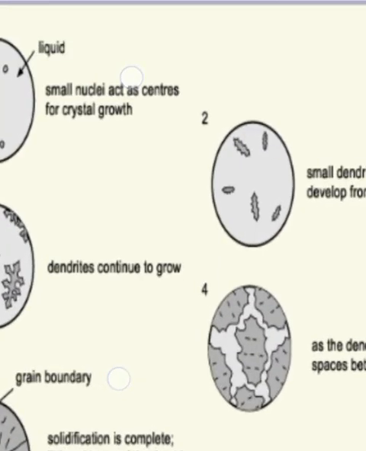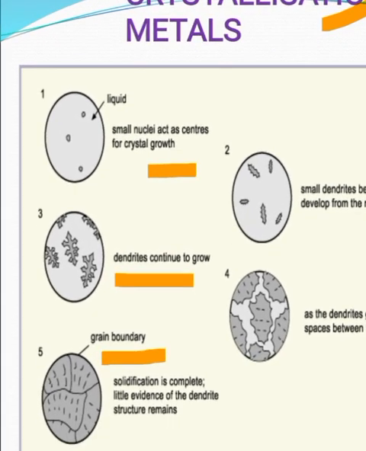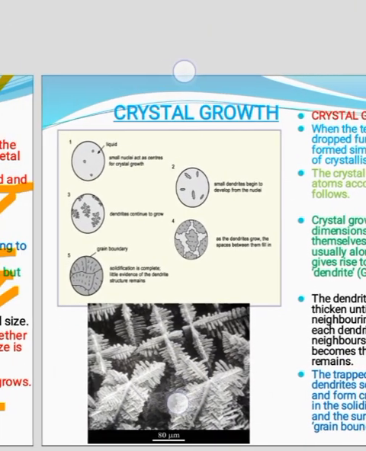First, small nuclei act as centers for crystal growth. Dendrites continue to grow, forming grain boundaries and small dendrites, with space between the dendrites. So, liquid to solid. Here you see the figure.